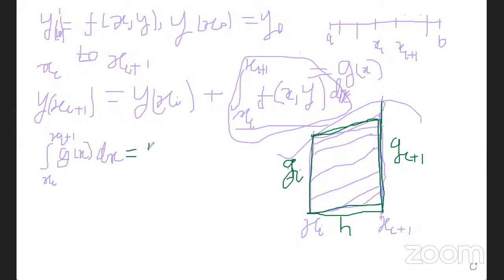So the area is h times gi, or h times g at xi.